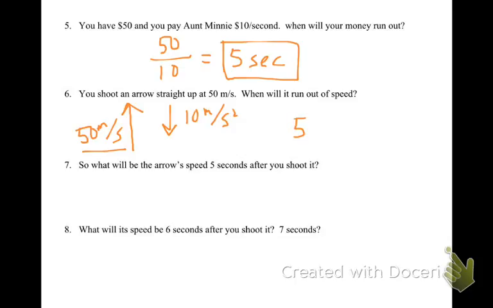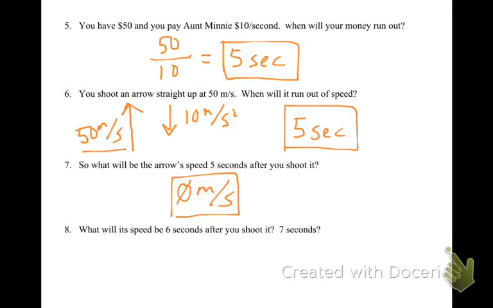So after 5 seconds, our arrow is going to have 0 velocity. Kind of how it works, right? So what will be the arrow's speed 5 seconds after you shoot it? Well, it's run out of speed, so 0 meters per second, because it lost 10 meters per second every second.